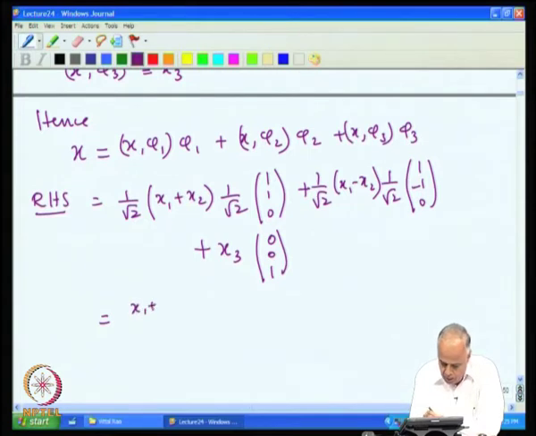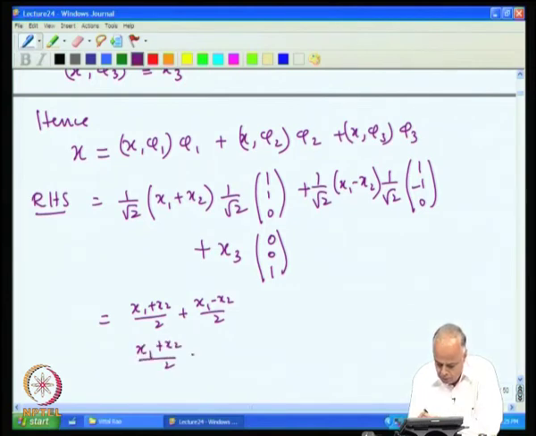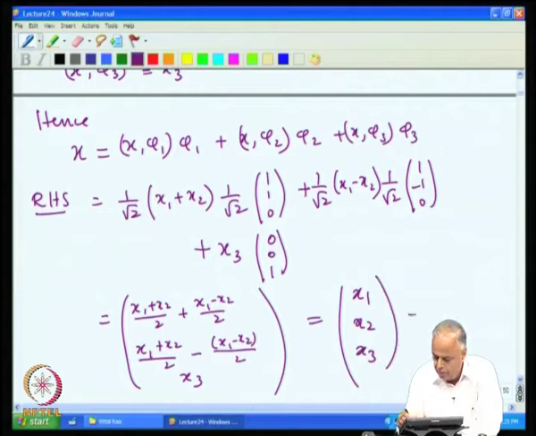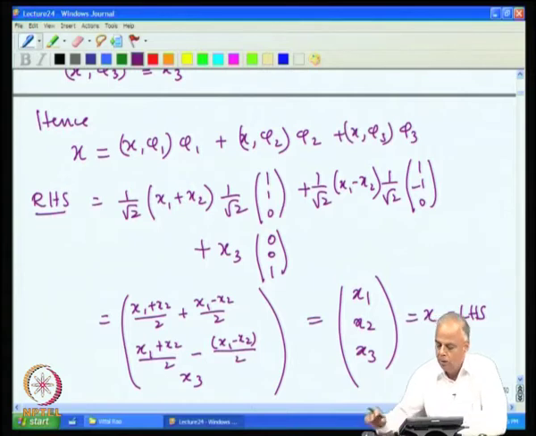If we now simplify this, this is nothing but x 1 plus x 2 by 2 plus x 1 minus x 2 by 2, if you look at the first components, and then x 1 plus x 2 by 2 minus x 1 minus x 2 by 2, and x 3, which is exactly equal to x 1, x 2, x 3, which is x, the left hand side. So, this verifies the Fourier expansion for this vector.